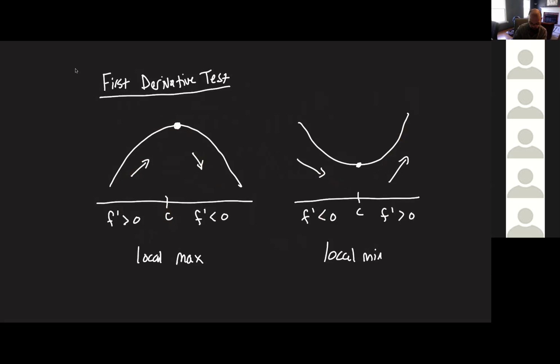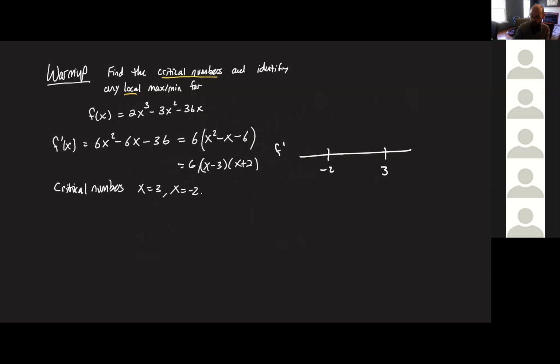Okay, so I'm going to make a similar sign chart over here, and I'm going to put my values on it. So I'm going to have a negative 2 and a 3. What we've done is broken up the real number line into 3 intervals: numbers that are smaller than negative 2, between negative 2 and 3, and then bigger than 3.